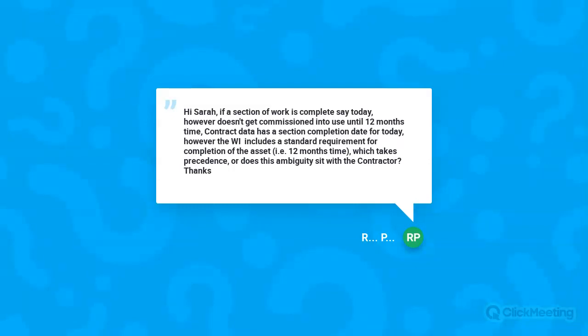So unless there's very clear wording there, I think you're probably okay. You should get completion, and then the commissioning takes place 12 months later. If the wording's not so clear there, I suspect the court would take a fairly common sense approach.